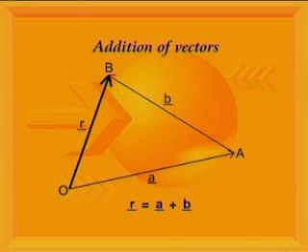Therefore the vector R is equal to vector A plus vector B.